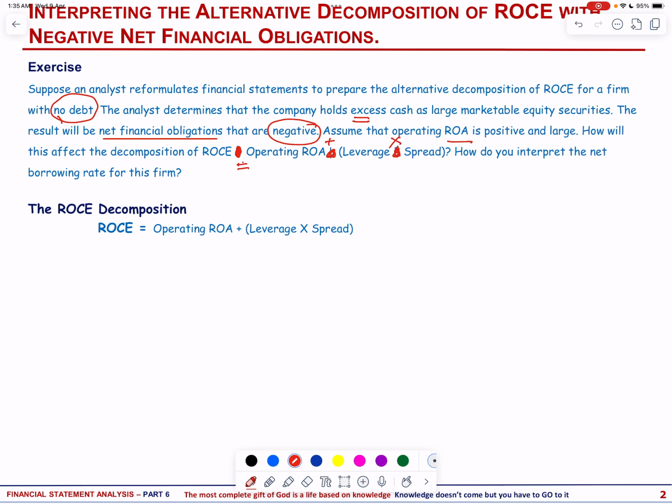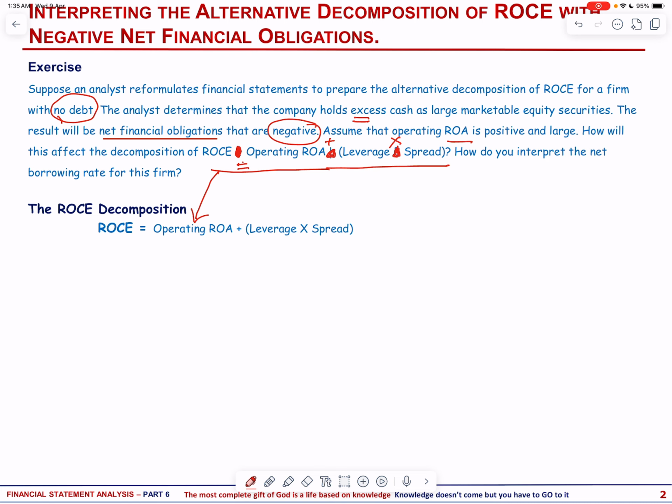So ROCE is equal to operating return on assets plus leverage times spread. So how do you interpret the net borrowing rate for this firm? And that's the same formula stated over here as well. ROCE is equal to operating ROA plus leverage times spread.